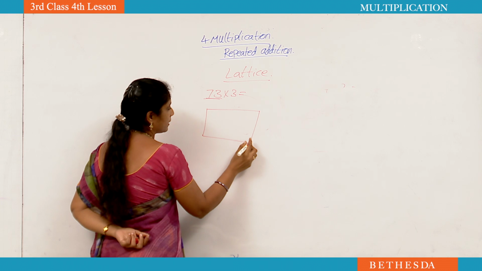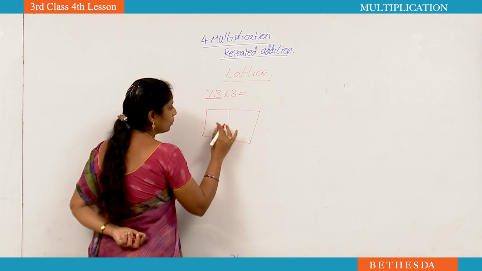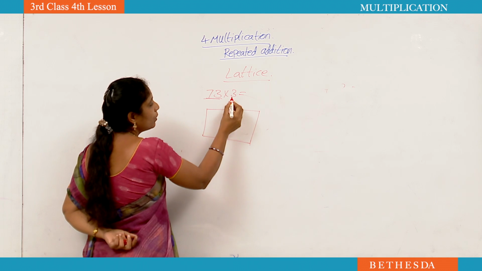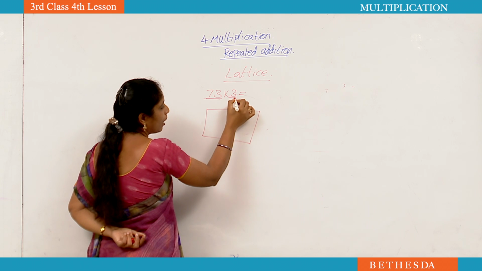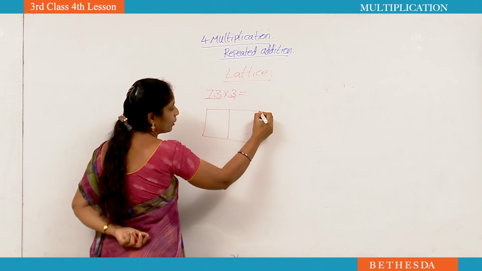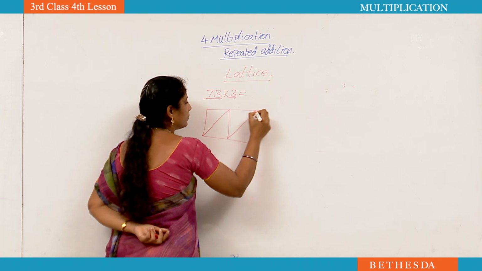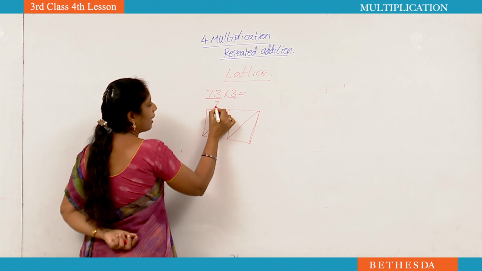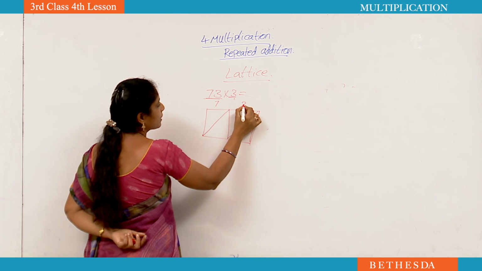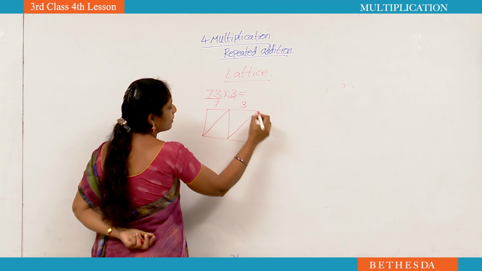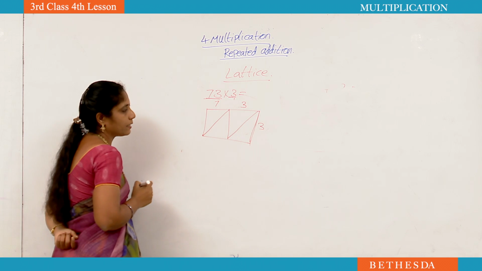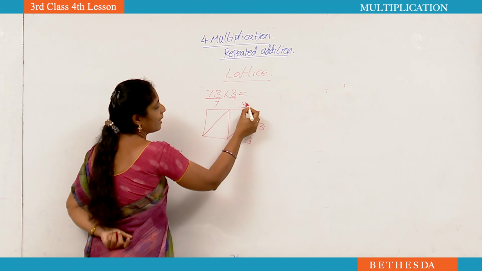That's why we have to draw 2 columns. Now in the multiplier how many digits are there? Only 1. That's why you have to draw only 1 row. Now we have to draw the diagonals of these boxes. Now write up, tens place 7, ones place 3. And at this side what is the multiplier? 3. We have to write it at the side.